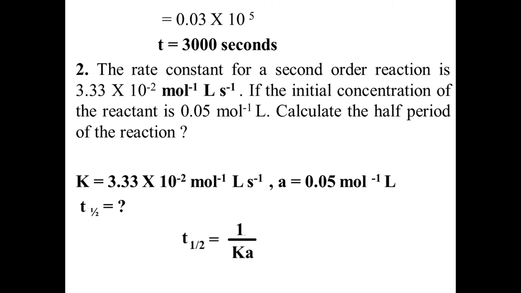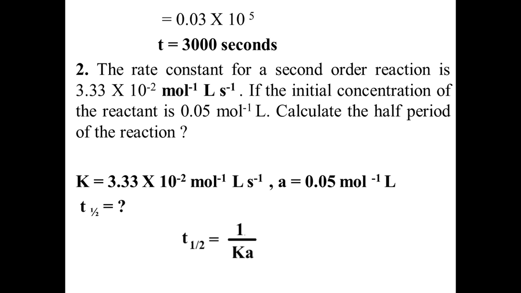Here t half must be calculated. What is given? k is equal to 3.33 into 10 to the minus 2 mole inverse liter second inverse and A equals 0.05 mole per liter. What will be calculated? t half must be calculated.